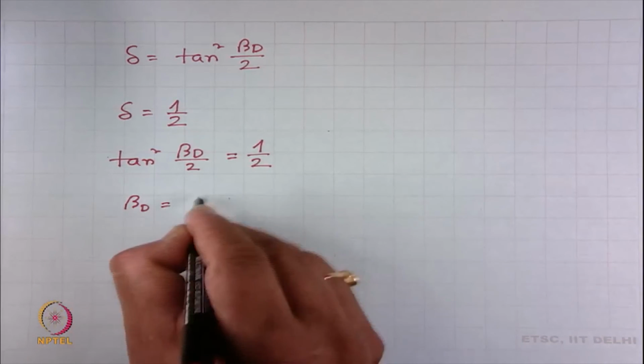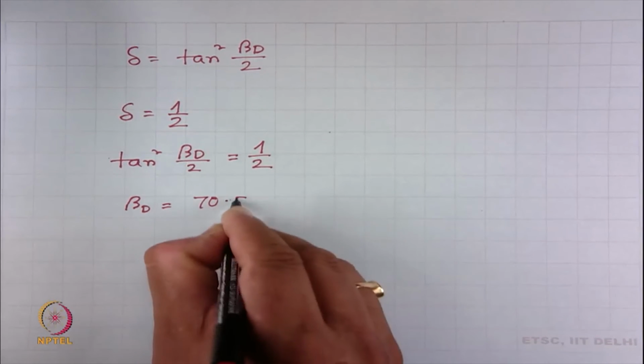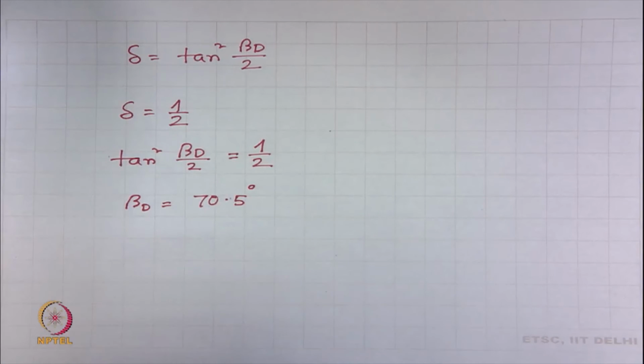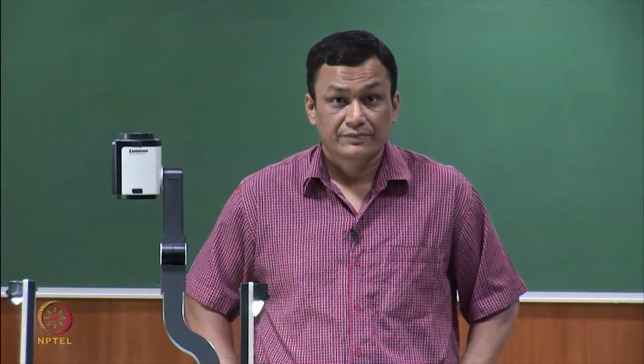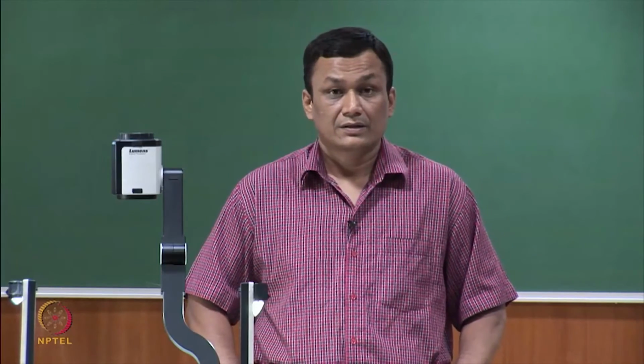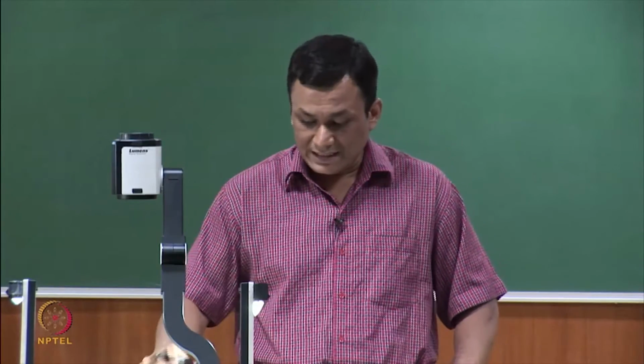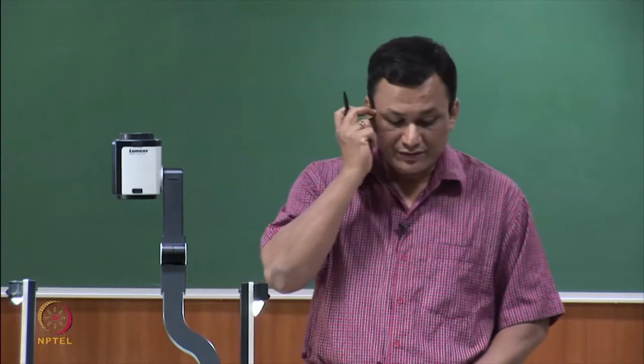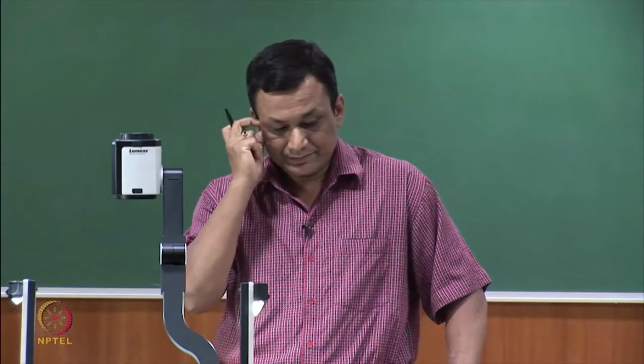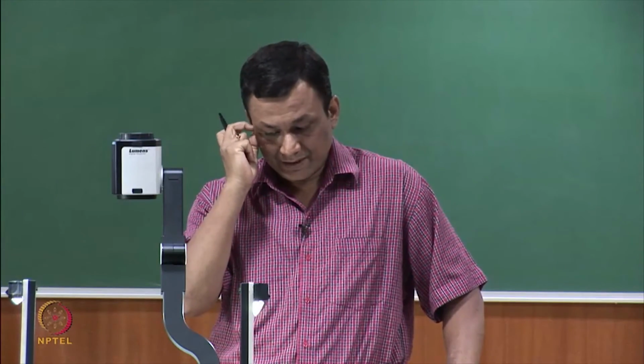Beta d will be 70.5 degree. That means, the twist angle of surface fiber, there is a limit, and that limit is 70.5, right.